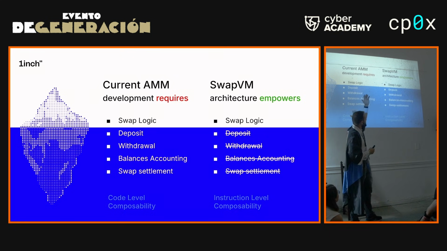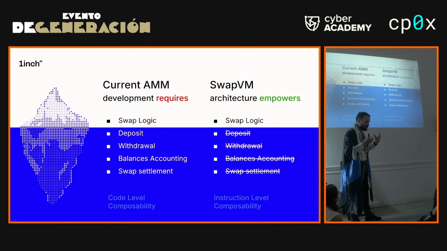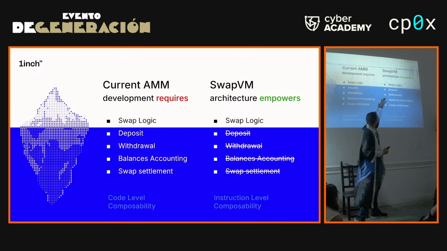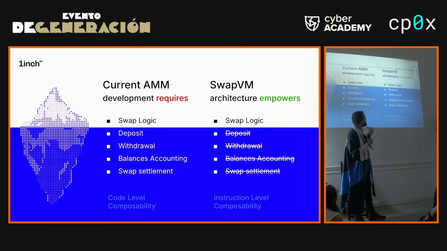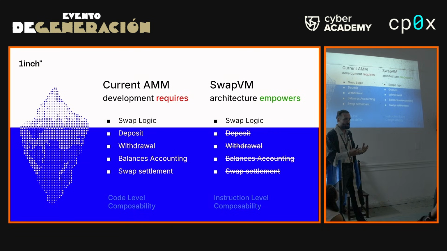So you can just develop swap logic within an instruction. And if you just come up with how it can be expressed within this data model as an instruction, you can avoid writing all this code. You will have instruction level composability. You will be able to compose your unique logic with existing logic which we already developed.